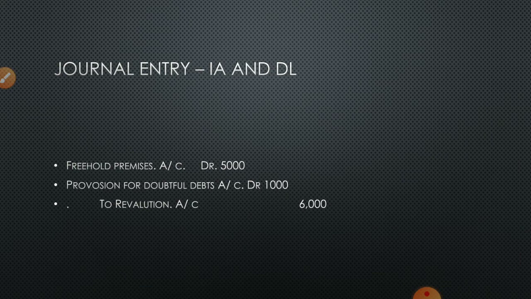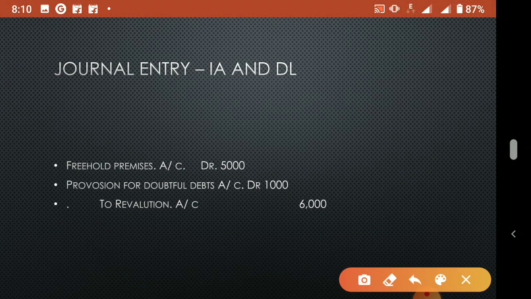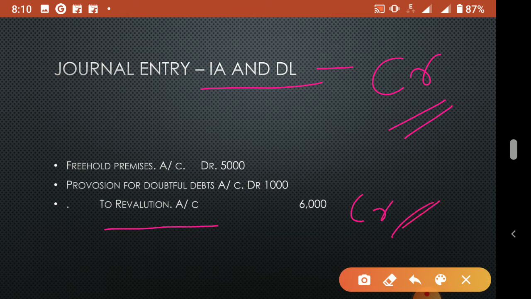Now I put it here like this: increase in asset and decrease in liability. Increase in asset is profit for the business, decrease in liability is also profit. So in the revaluation account, what will we do? Revaluation account, it is credit. See here, revaluation account is credit. So which are the items? Increase in asset, and provision for liability, a decrease in liability. Both have the same treatment.